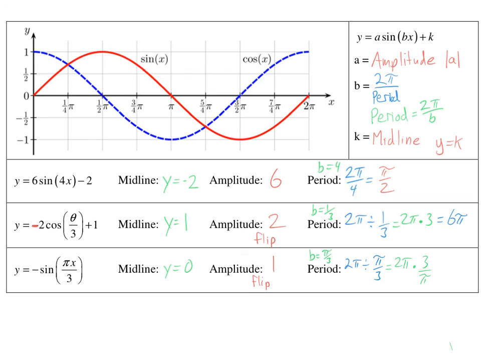Since I have a number times a fraction, I can put a 1 right there to help you out. Then you can cancel the pi's, leaving you 2 times 3, which is 6. So your period here is 6. Remember, period does take the most work.